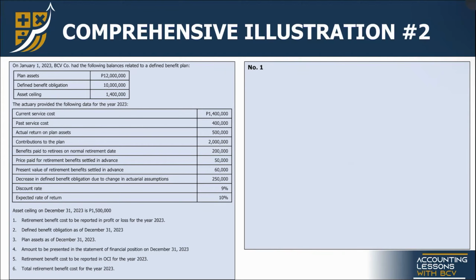Okay? Sige. So, number 1, retirement benefit cost to be reported in P&L for the year 2023. Ito, medyo kaya pa natin to, no? Okay, let's start. So for the service cost, nandito sila current service cost, past service cost, gain or loss on settlement.